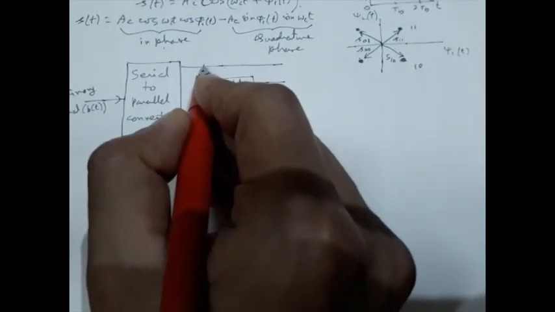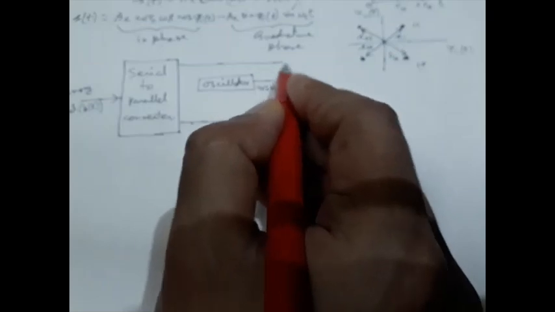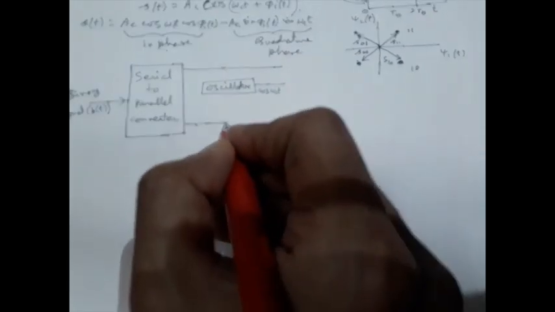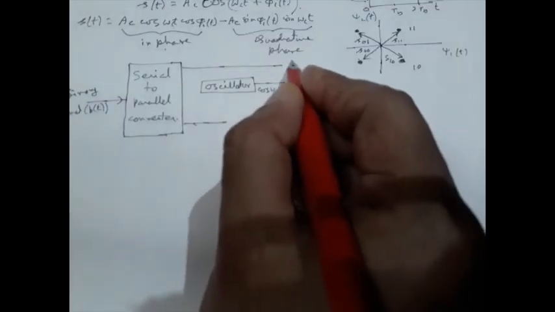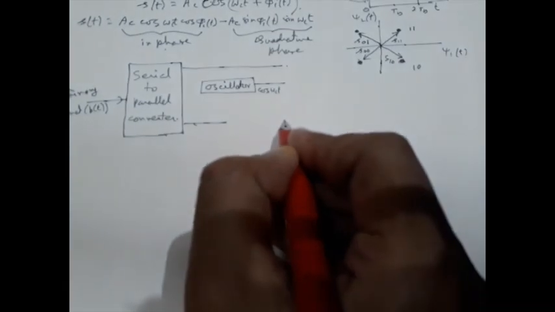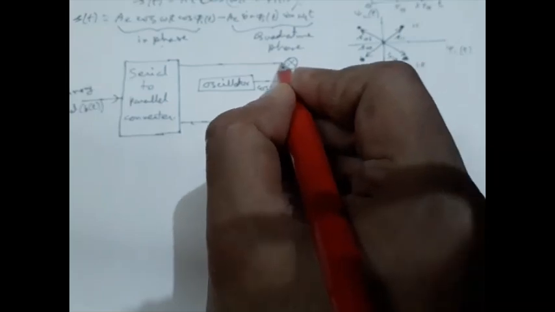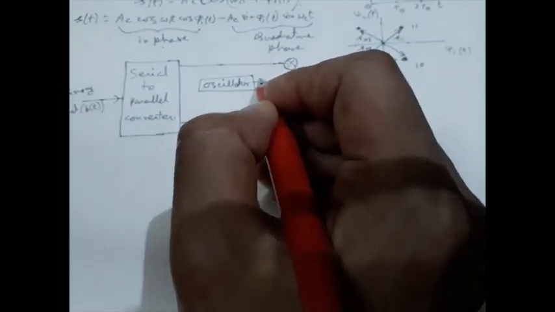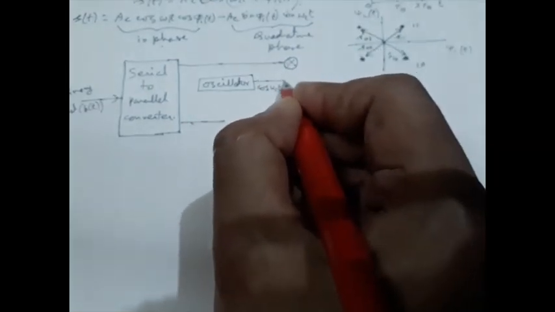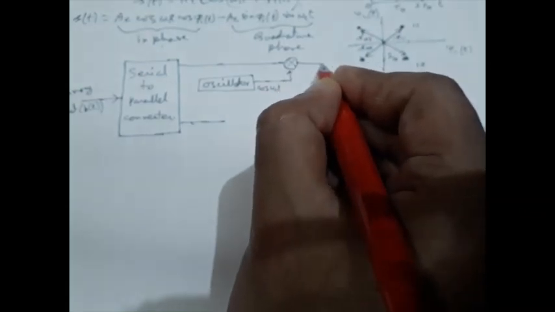Basically it is a PSK modulator. In the upper part we have a PSK modulator, in the lower part we have another PSK modulator. And in PSK modulator we have already seen that it is nothing but the product modulator. So here we have the in-phase channel.